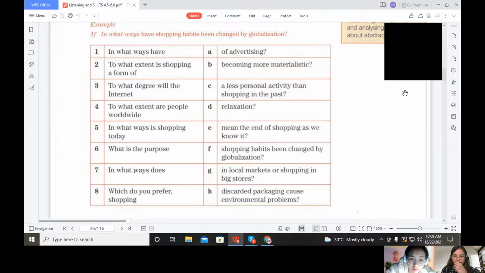Besides, going shopping in physical stores brings about the true feeling of shopping. So I don't think the internet could make traditional shopping come to an end.